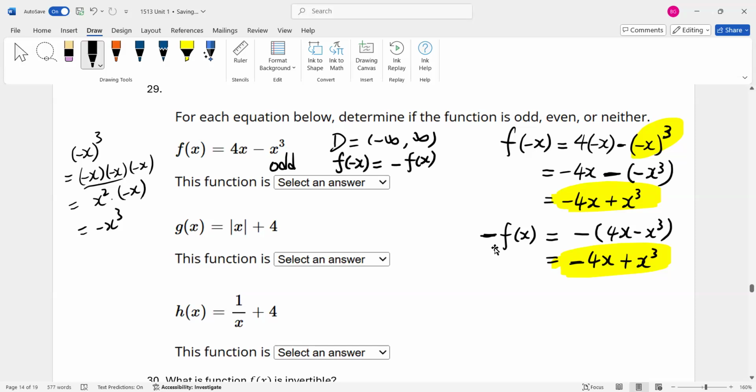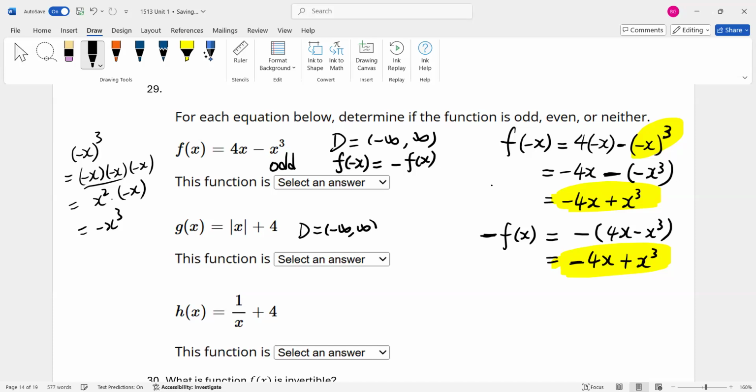Any questions, guys? We use definition to check, to determine if the function is odd or even. We start from finding f of negative x. Now let's look at g of x. What's the domain of g of x? Domain is all real, okay?